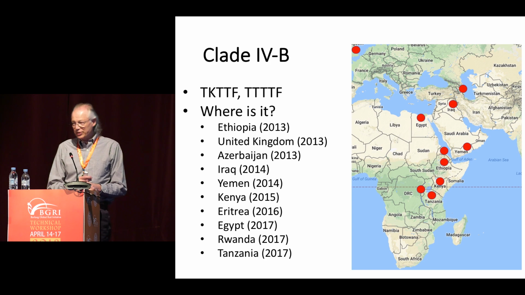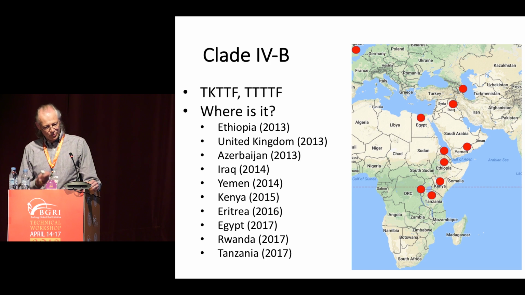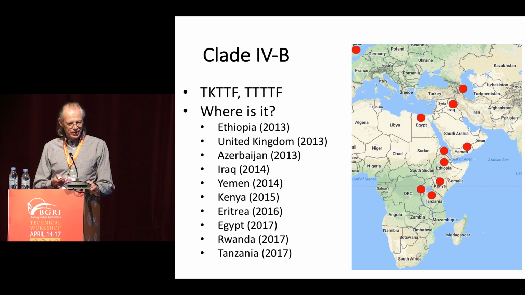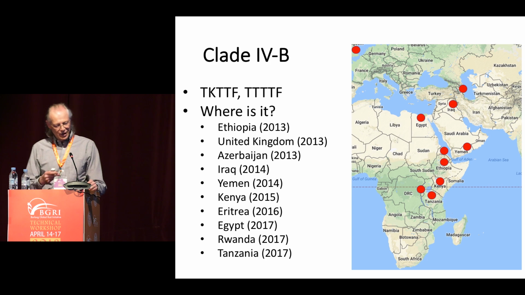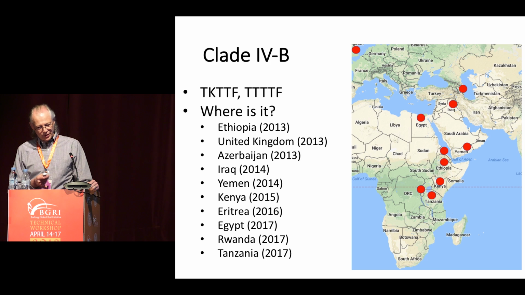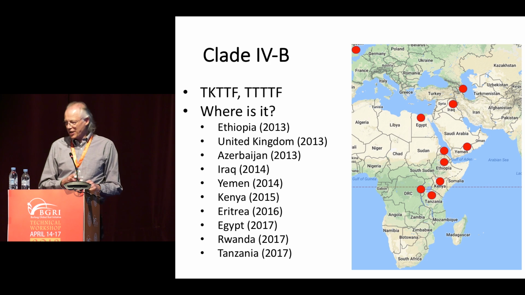Also that year, it was picked up in the UK. It was also picked up in Azerbaijan in 2013, Iraq 2014, Yemen 2014, and you can see that it has spread quite a bit. So again, the question is, where is this going to go?